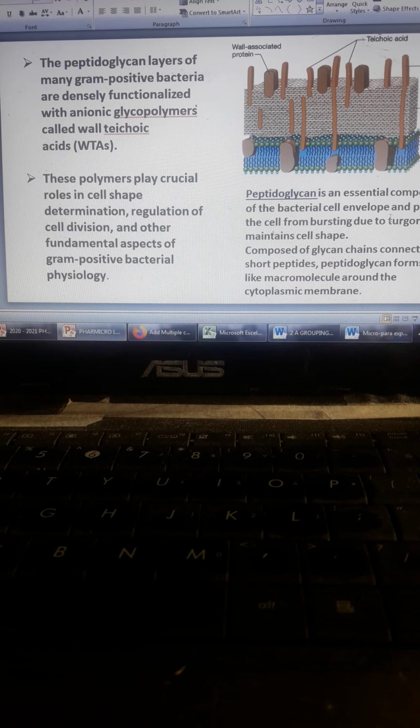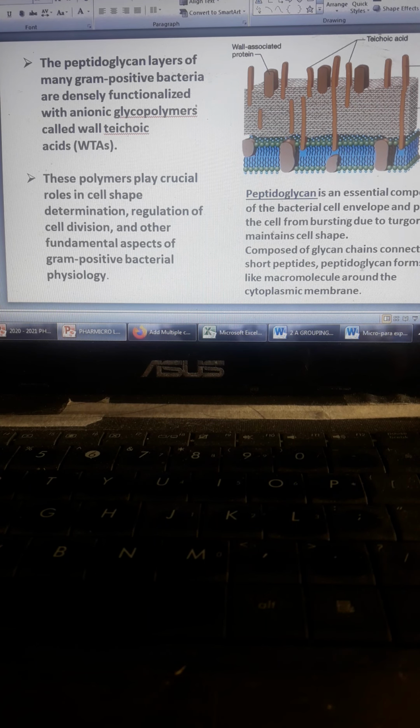of the bacterial cell envelope. It protects the bacterial cell from bursting due to turgor, and maintains the cell shape. It is composed of glycan chains, or carbohydrates, connected by a peptide or protein.